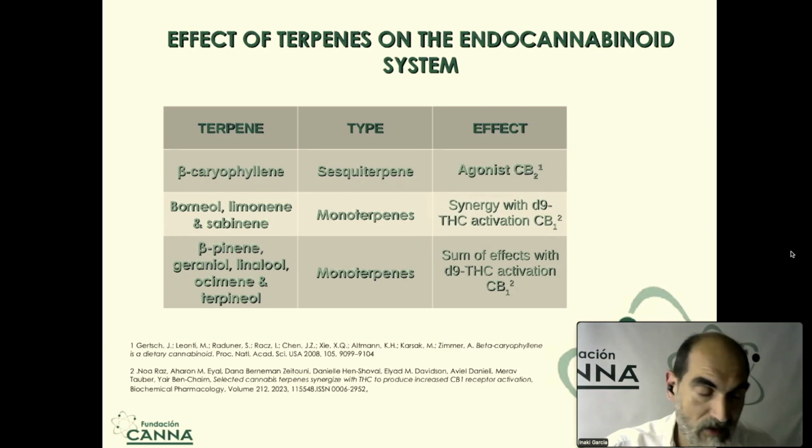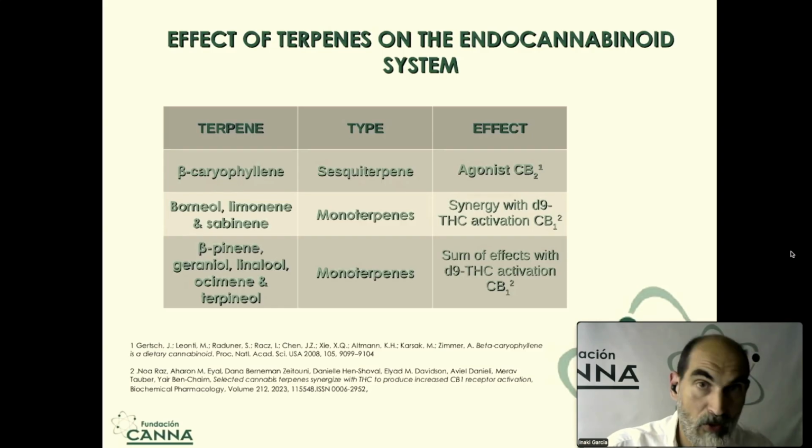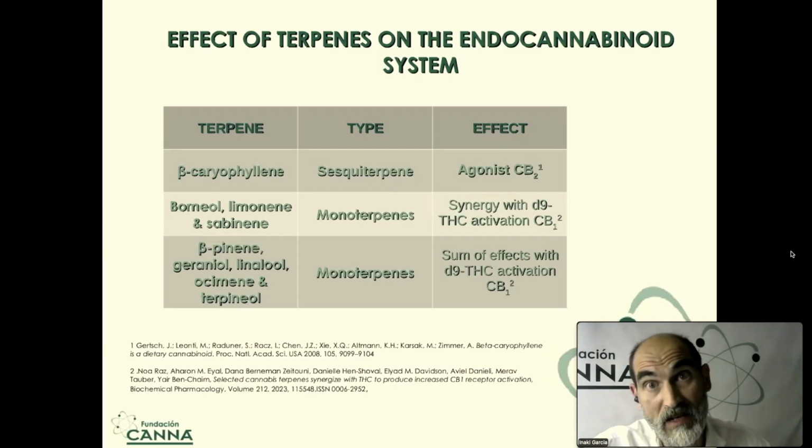There are some recent studies that have seen how the combination of certain terpenes with certain cannabinoids produces a synergistic effect, or the sum of effects, activating some specific CB receptors.